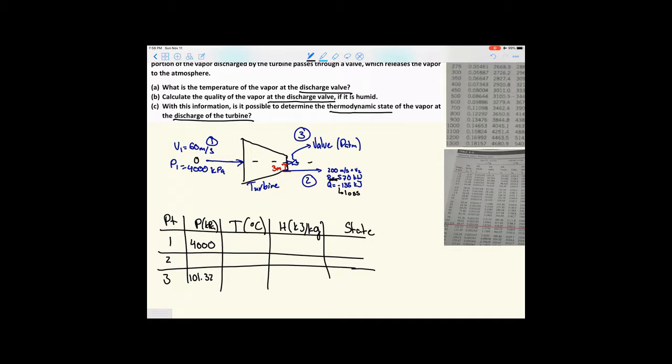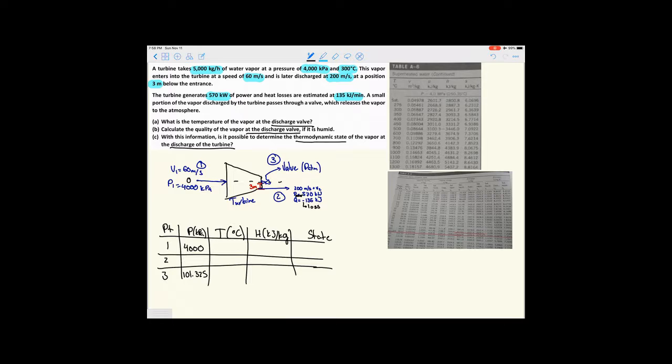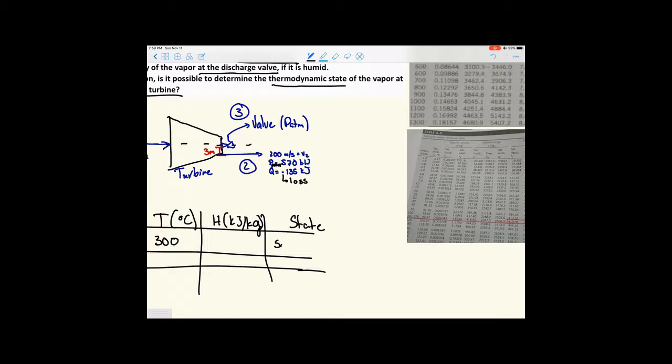We also know the temperature at point 1, which is given in the problem to be 300 degrees Celsius. And for now, that is all the information we have about the problem, other than it is water vapor, so we know that it is superheated water, which is a thermodynamic state.